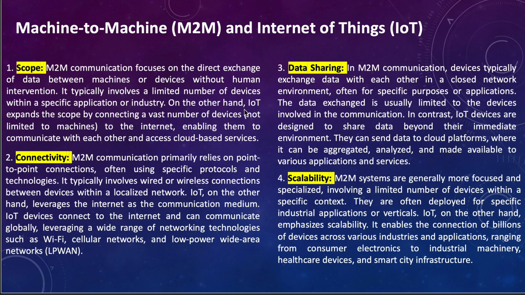On the other hand, IoT expands the scope by connecting a vast number of devices, not limited to machines, to the internet, enabling them to communicate with each other and access cloud-based services. So as you can see from here in itself, the scope of M2M is very limited. The number of devices that are connected are very limited.